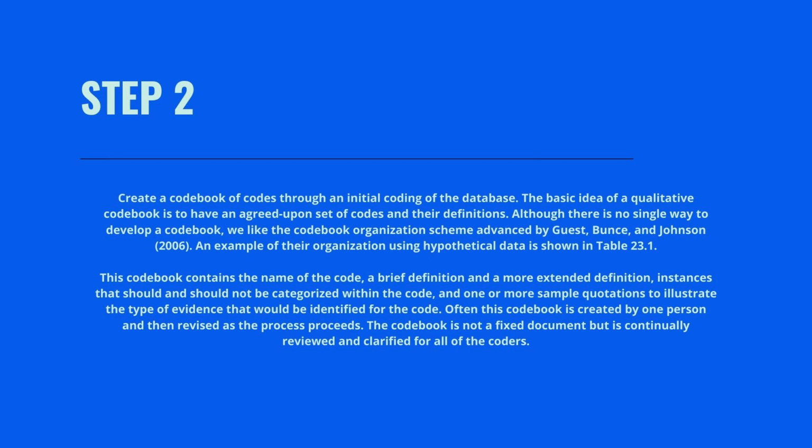This codebook contains the name of the code, a brief definition, and a more extended definition, instances that should and shouldn't be categorized within the code, and one or more sample quotations to illustrate the type of evidence that would be identified for the code. Often, this codebook is created by one person and then revised as the process proceeds. The codebook is not a fixed document, but it's continually reviewed and clarified for all of the coders.